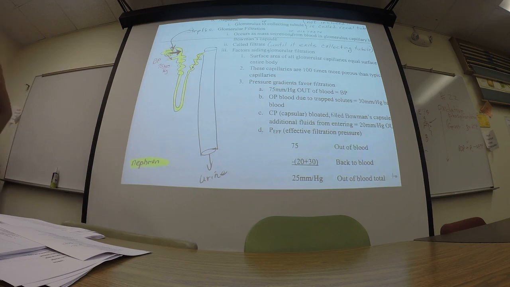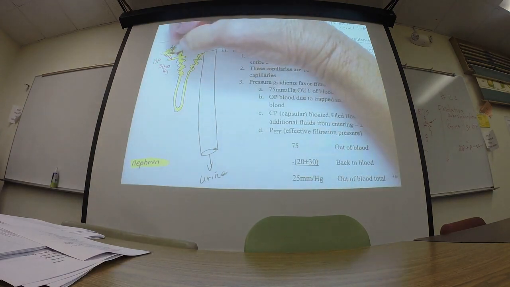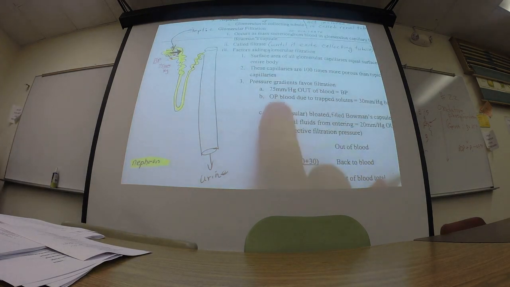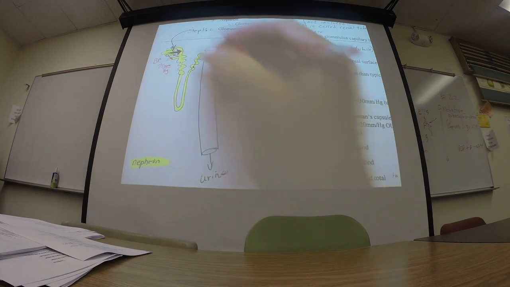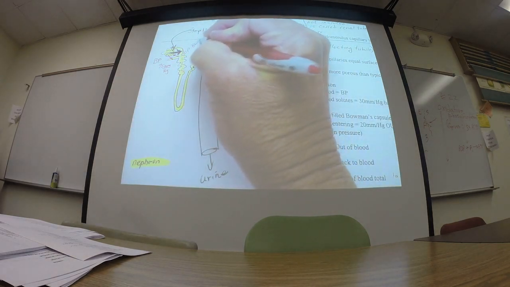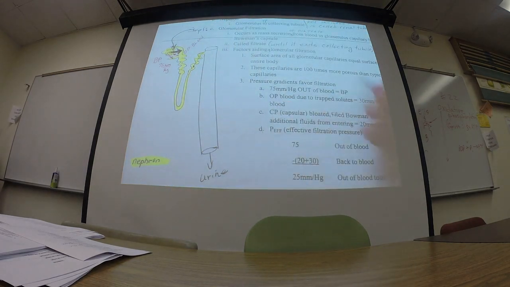So if those are left here, you have a force that's trying to attract things to go back in there, the solutes that were too big to leave. And that is called the osmotic pressure of blood. So that's OP, due to solutes trapped in your blood. You've got that discussed right there. But the key thing is things trapped in your blood.